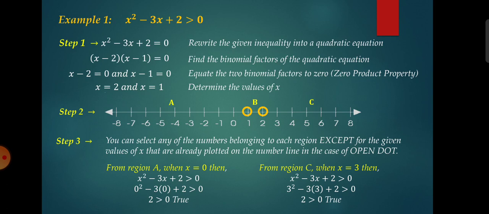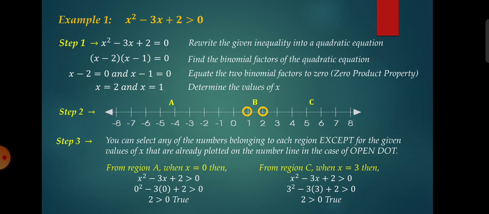I choose the value of x there with 3. When x is 3 from region C, i-plug in ang 3 sa value sa x sa inequality. So that is 3 squared minus 3 times 3 plus 2 greater than 0. So what is 3 squared? 9.